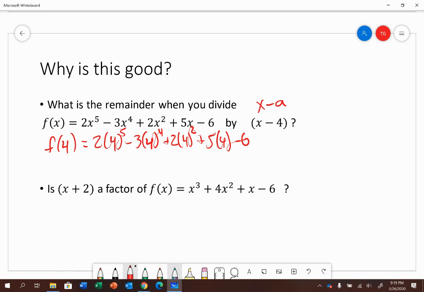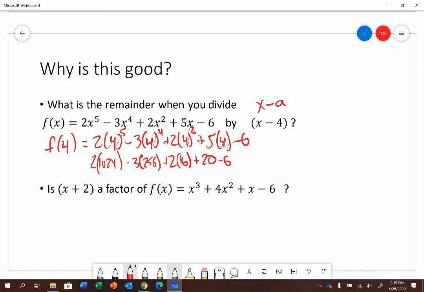4 to the 5th is something big. Let me actually calculate this right now. 4 to the 5th power is 1024. So this would be 2 times 1024 minus 3 times 4 to the 4th power, which is 256, plus 2 times 4 squared, which is 16, plus 5 times 4, which would be 20, minus 6.